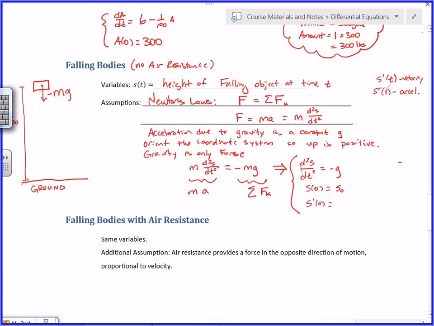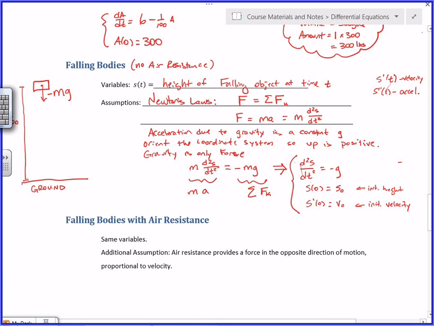Now, I didn't give you any information in the drawing, but you might have an initial velocity as well. You toss the object upwards, or even throw it downwards, or just release it from a standing still position. You'd need to know what the initial velocity was in order to solve this thing uniquely. So this is the initial height, and this is the initial velocity.